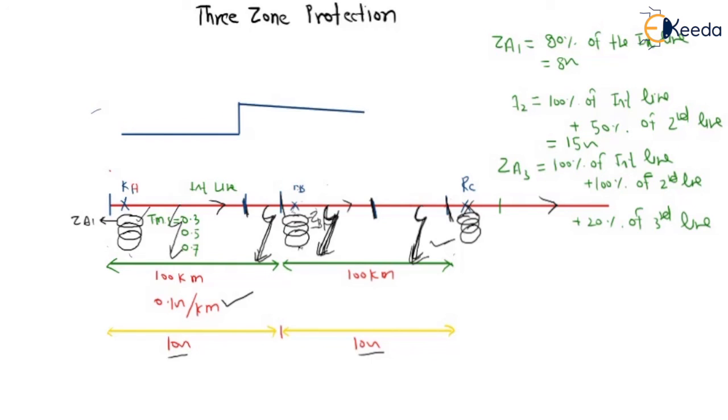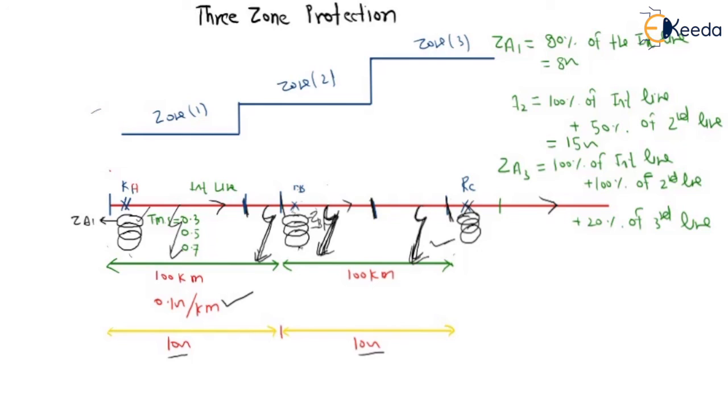And from 150% to 220%, this will be zone number 3. So if we are talking about the zones of the relay, this will be zone number 1, this will be zone number 2, and this will be zone number 3. This is the overall idea of the 3-zone protection.